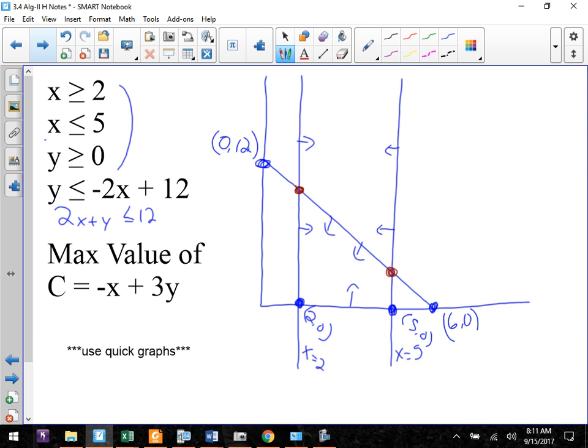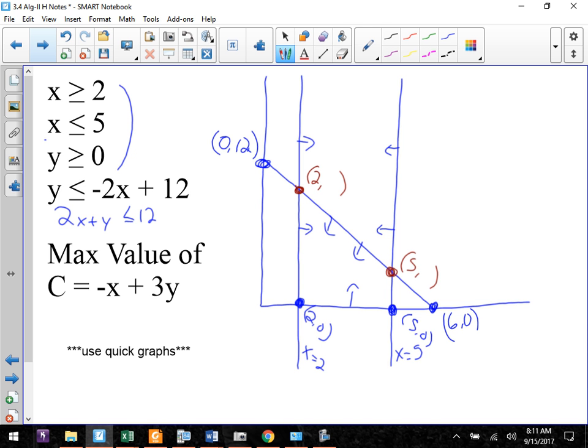Now, to figure out where those two points occurred, don't you know what the values of x are already? Yeah, because those x values are on vertical lines, so my value of x stays constant on a vertical line. So I know the x coordinate here is going to be at 2, and I know the x coordinate here is at 5.